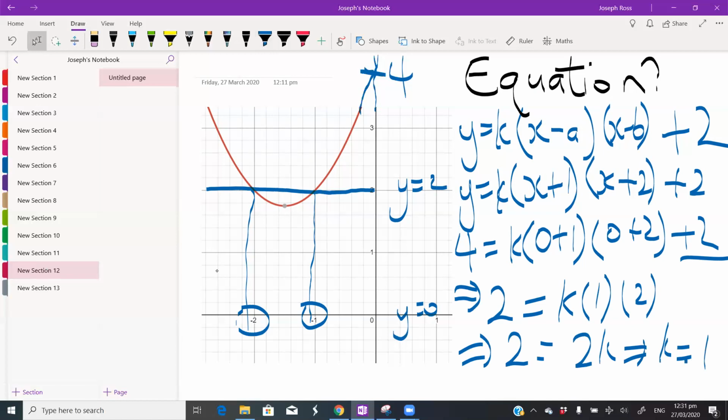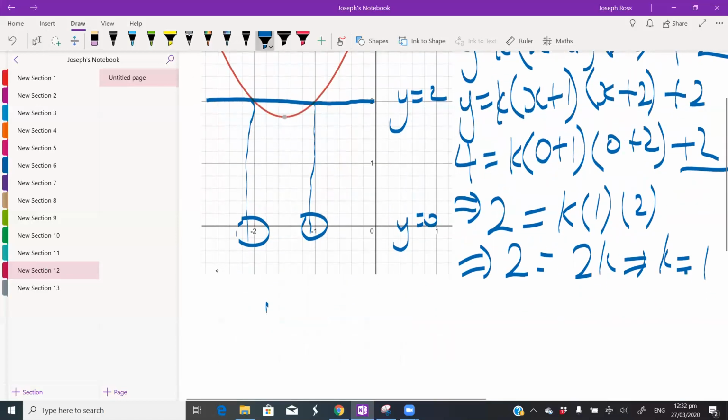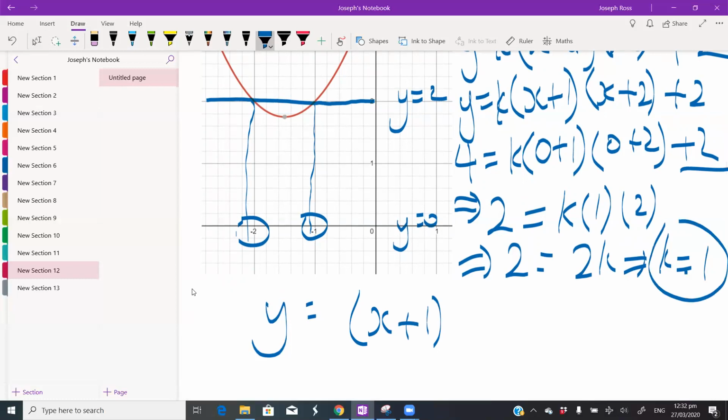So our final equation here is y equals, the first bracket is going to be x plus 1. K is equal to 1, so if we throw that back into the line of working before we substituted in the x and y values, we get (x plus 1), because k is 1, we don't need to write a 1 times, then (x plus 2), and we've got that plus 2 at the end there.